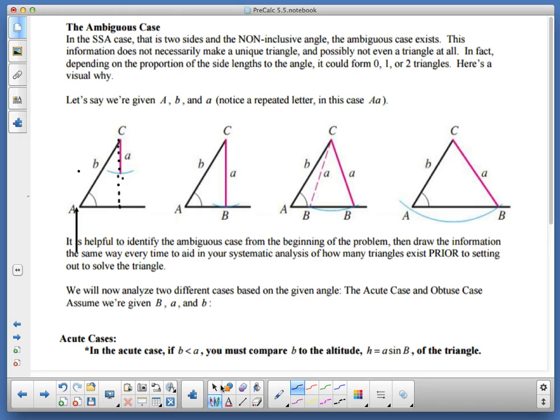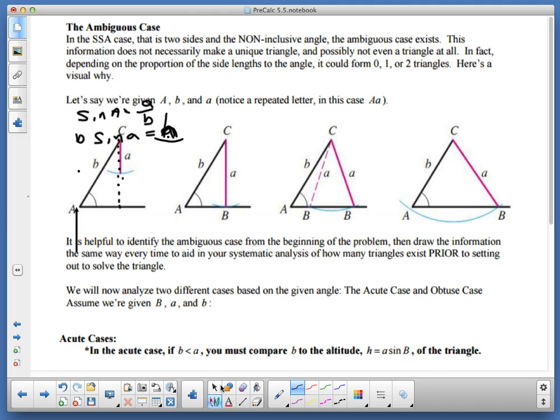So I've got opposite over hypotenuse. Sine of angle A is going to equal the height over B in this case. B sine of A is the height, because that'll be the height of that triangle.